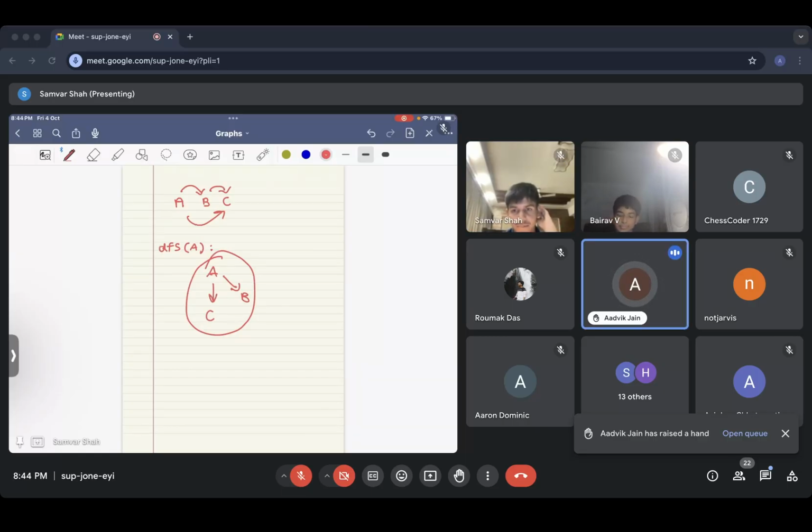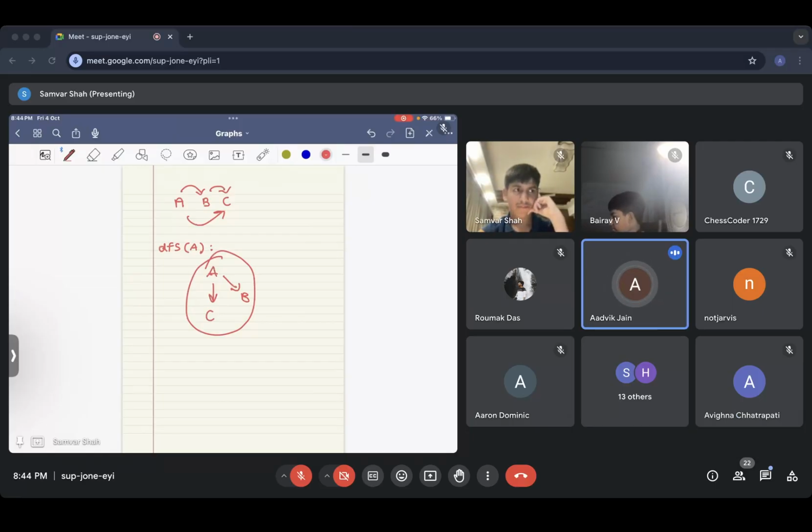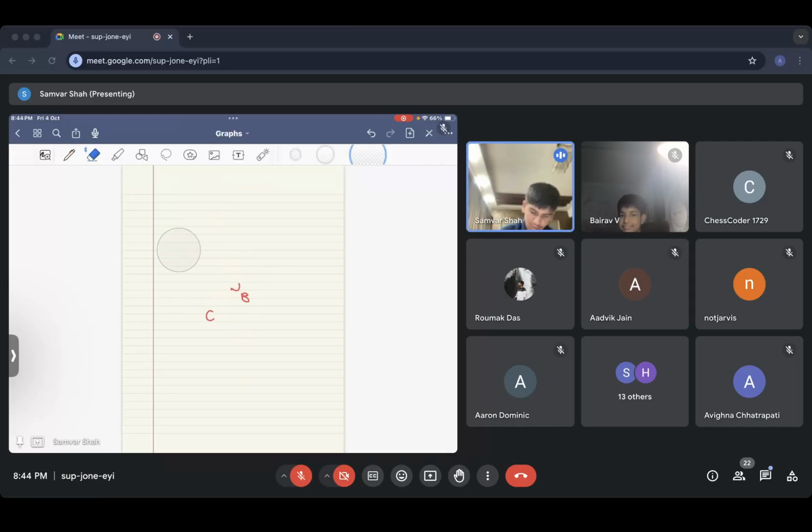Basically, we can just store the previous node that we visited the current node from, and then we iterate over all the neighbors of the current node. Now, if a neighbor is visited but it's not the previous node, then we found the cycle. Yeah. So, what Advik is correctly saying is that for every node, let me define the parent of u.